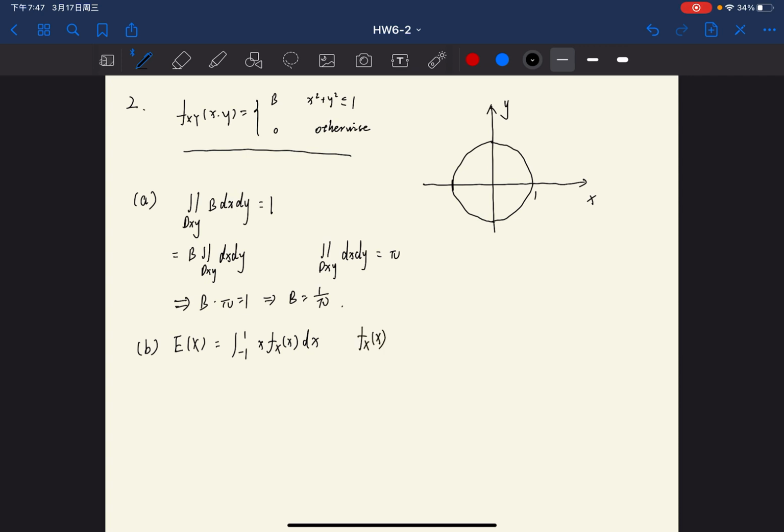f_X(x). This is the marginal probability density function, so we can draw a line.